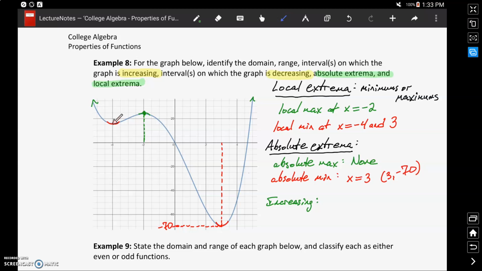So we'll identify the interval from -4 to -2 as an interval of increase. And also, using that union notation, identify the interval from +3 up to infinity as another interval of increase.